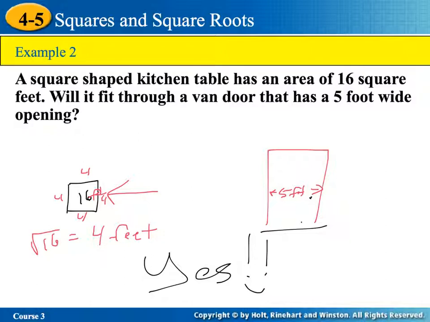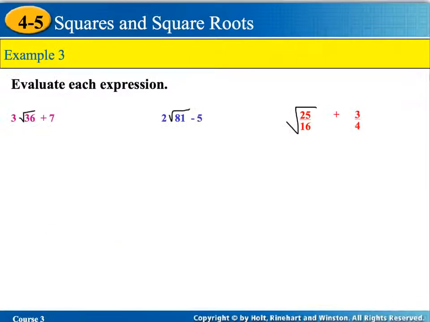Yeah, a 4-foot table can fit through a 5-foot door. Absolutely works. Now, we're not pretending that the door is going to be high enough as far as the legs. Don't worry about the legs. That's a whole new problem. But does that 4-foot wide table fit through a 5-foot door? Yes, it does.